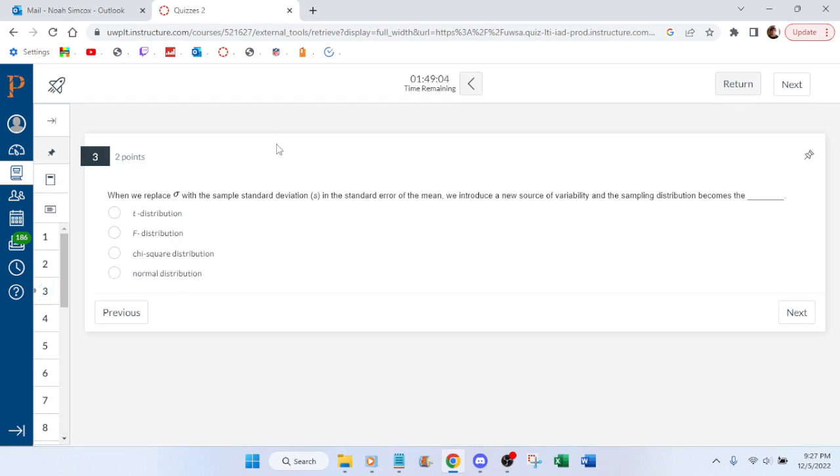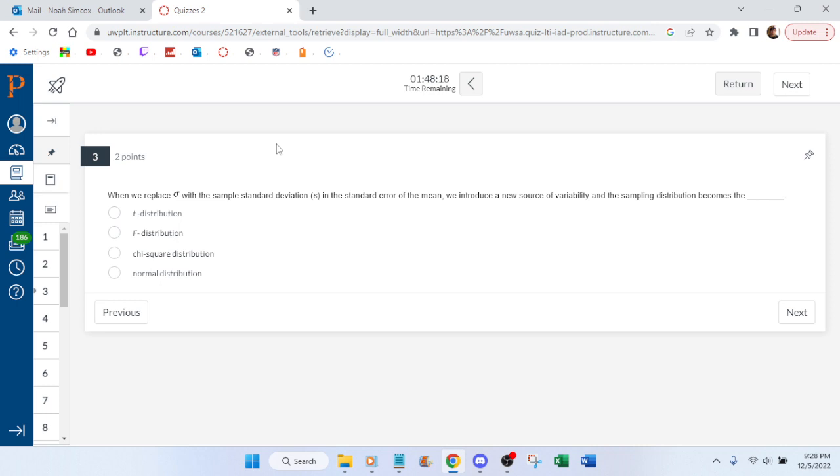What is this? F distribution? Where are all the other ones? Estimating standard deviations. Normal. F distribution, useful for estimating variances or something. Chi-squared.